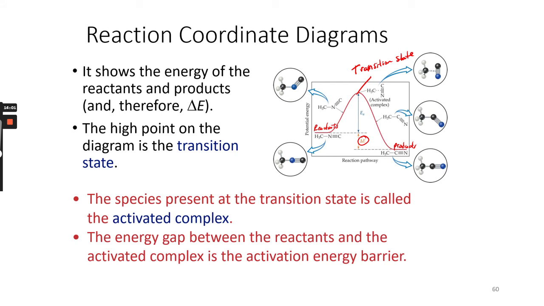The species present at the transition state is your activated complex. It is ready to react. It has enough energy. The energy gap between the reactants, so this right here, is your activation energy barrier. That is the mountain you have to overcome for the reaction to occur.